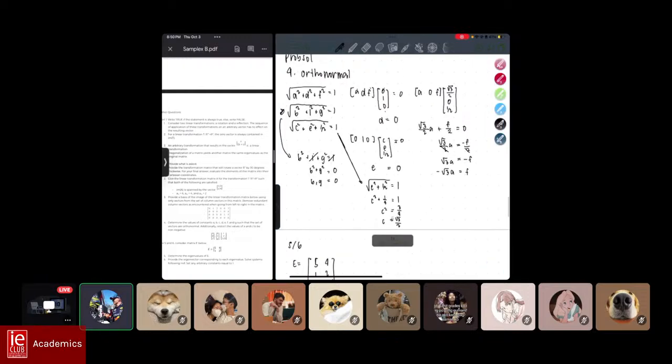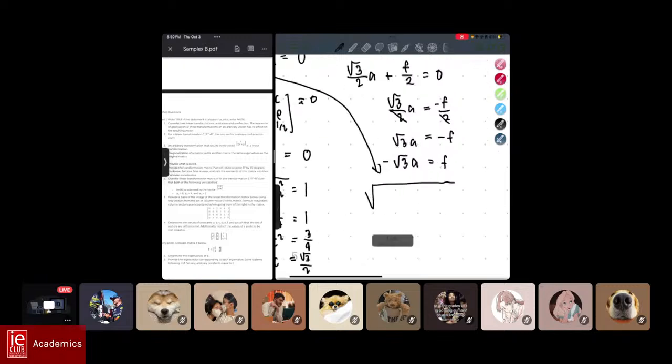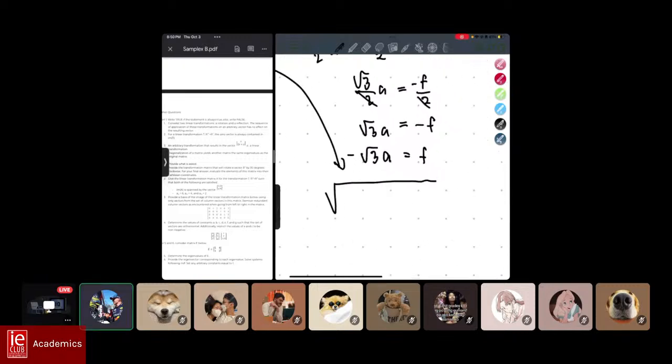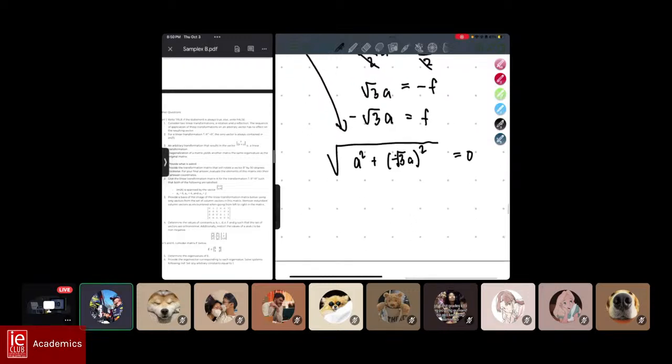Okay. So now we can bring this back: a squared plus 0 squared because d is 0, and then negative square root of 3 a squared, equal to 1, sorry.